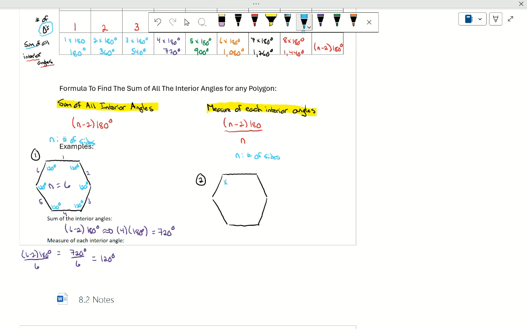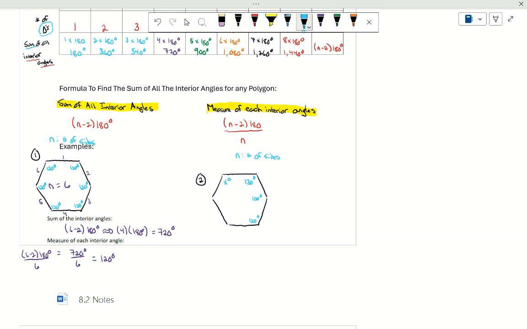So this angle up here at the upper left is represented by x degrees. And then I'm going to give you the measurement of each one of the other individual angles in this hexagon. So we have 130, we have 100, we have 120 degrees down here at the bottom right.